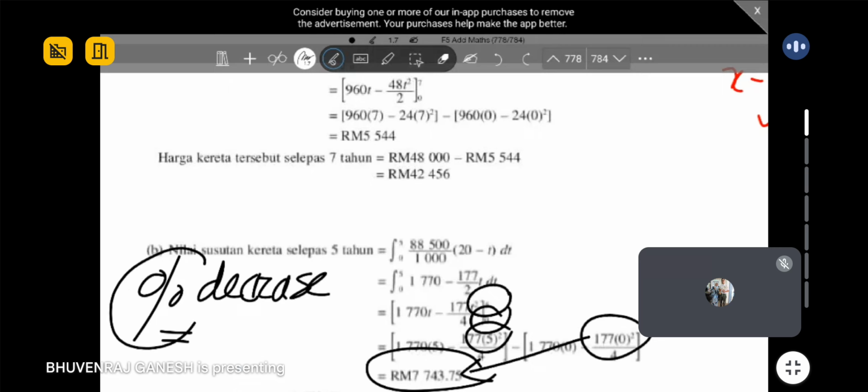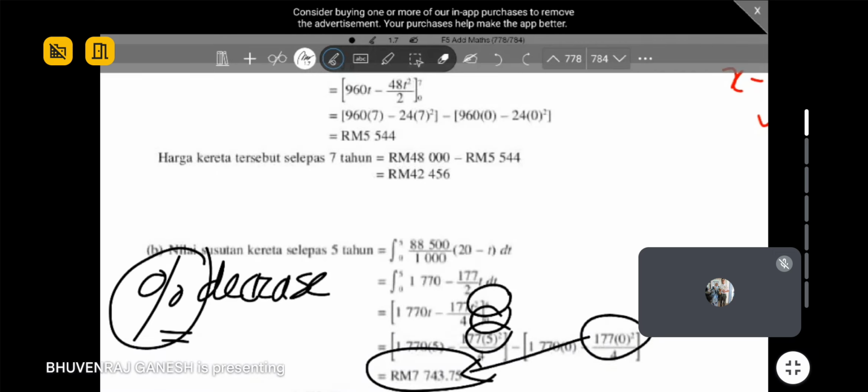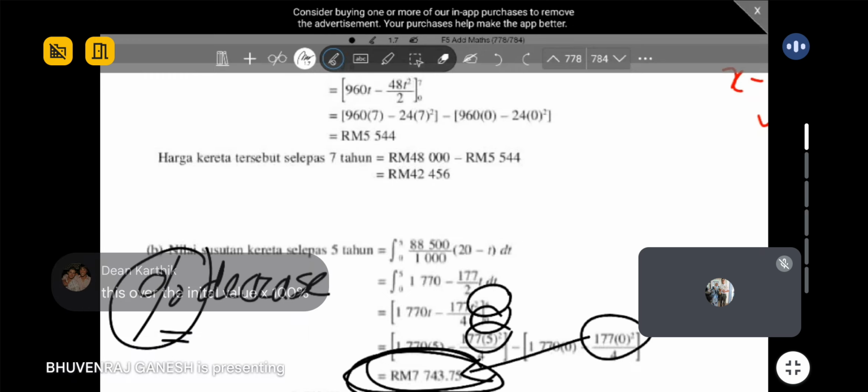So if I want to convert to percent, how? What do we need to do to find the value? Anyone? How do we calculate the percentage of decrease? This is the value, how much it decreased, but now we want to know this value as a percentage, how much. So how should you do it?